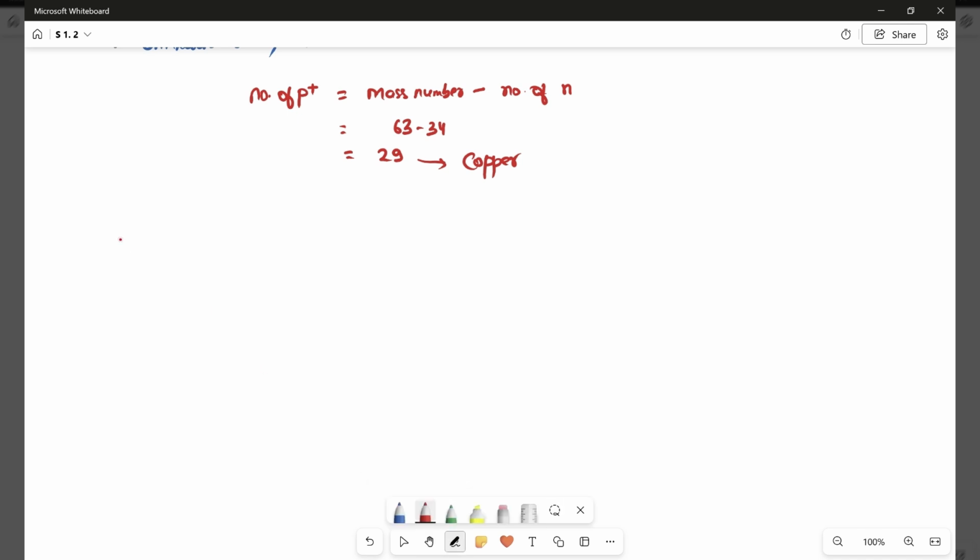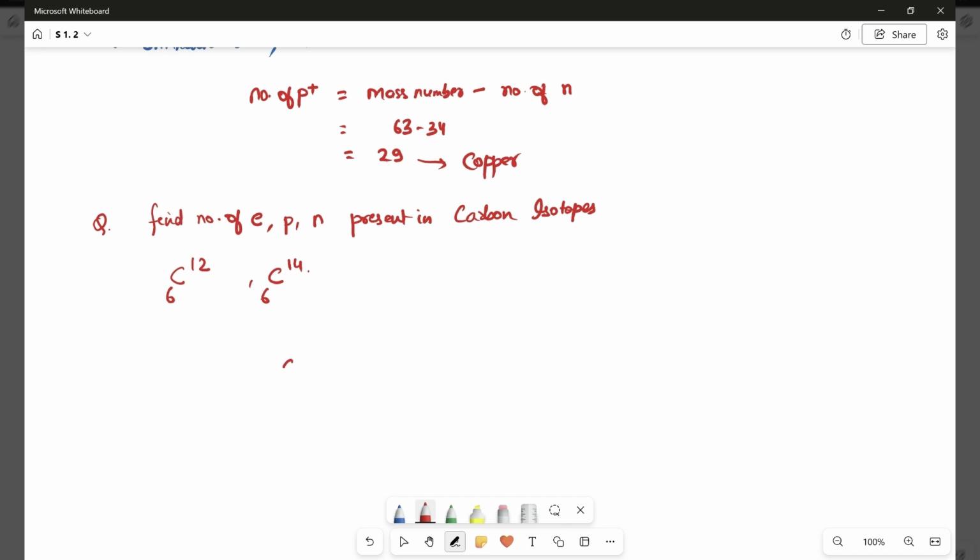Let's say isotopes are given. Find the number of electrons, protons, and neutrons present in carbon isotopes. There are two isotopes given in the question, C12 and C14. With the help of the periodic table, you can find out that the carbon atomic number is 6, right?